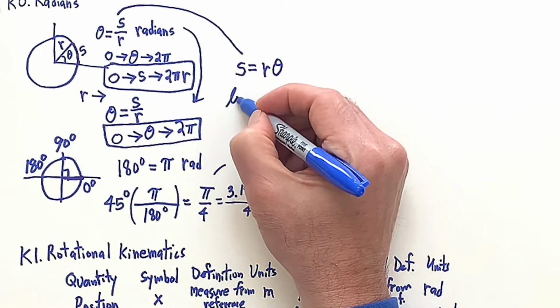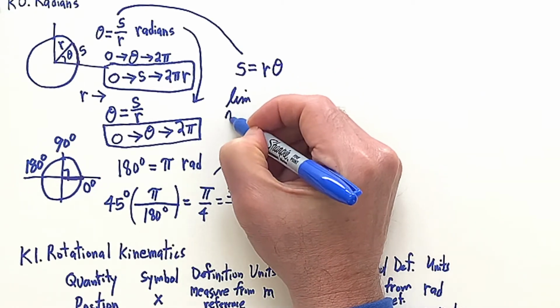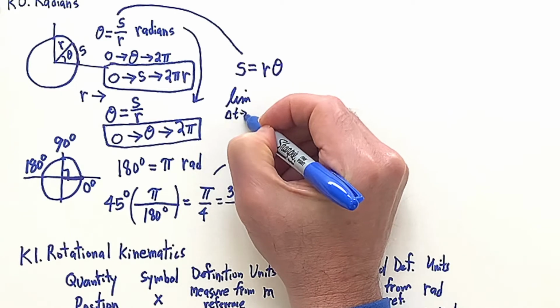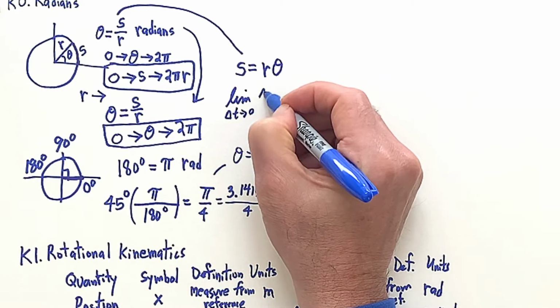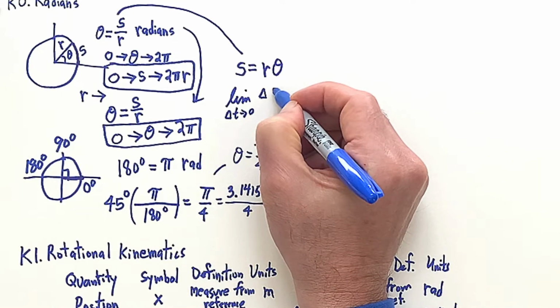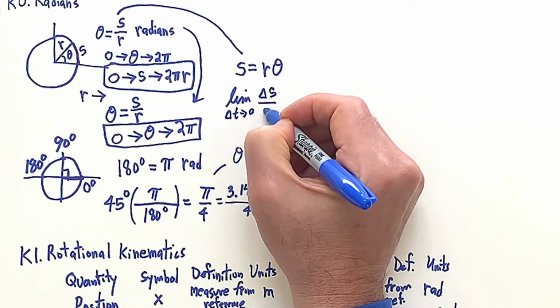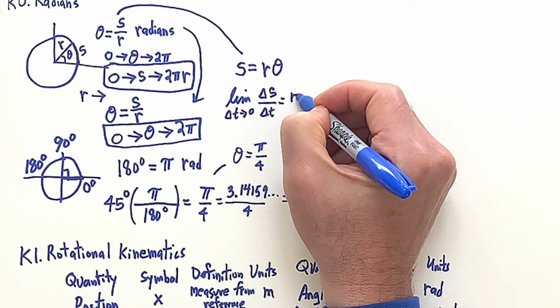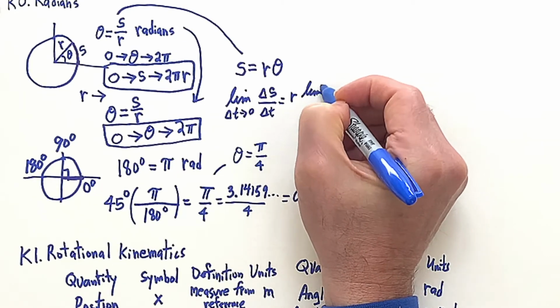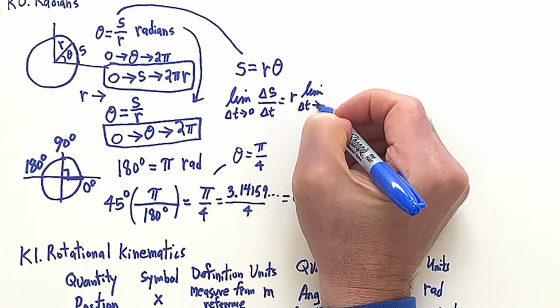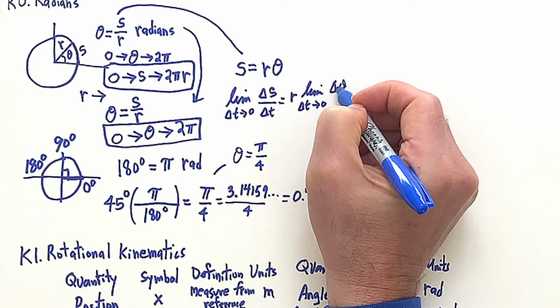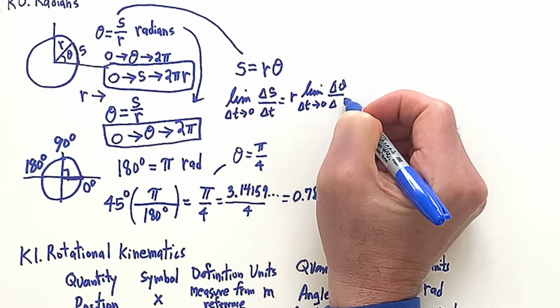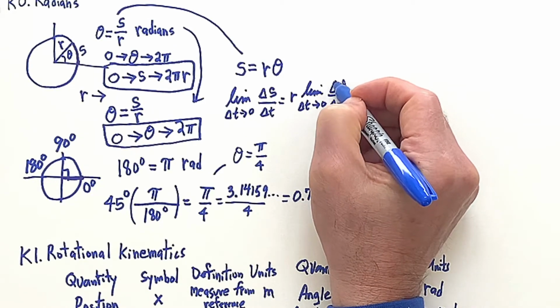Then the limit as delta t goes to 0 of delta s with respect to time is equal to R times the limit as delta t goes to 0 of delta theta over delta time.